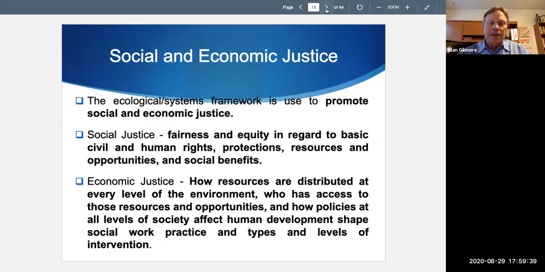I mean, economic justice on the smallest scale is look at neighborhoods within your own community. Who has access to a grocery store that has fresh fruits and vegetables? Who has access to healthy places to walk so that people are able to exercise? Who has safe and lead-free housing?